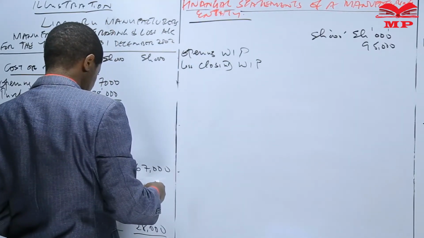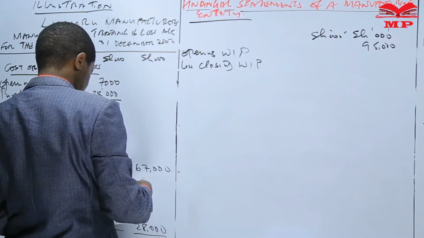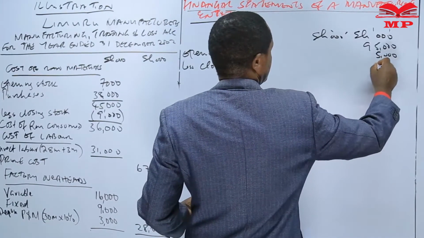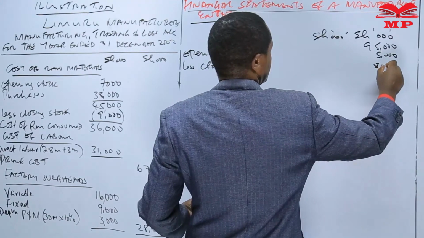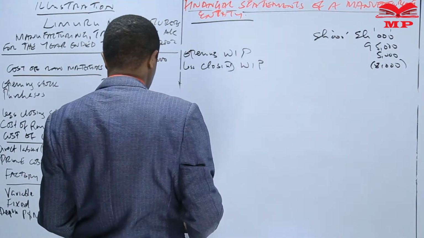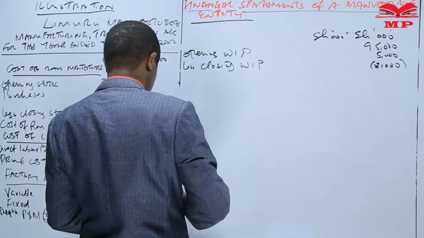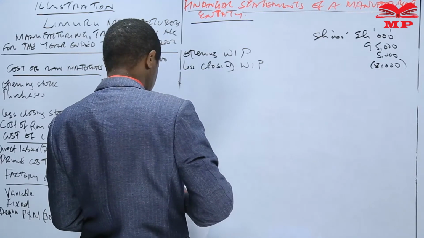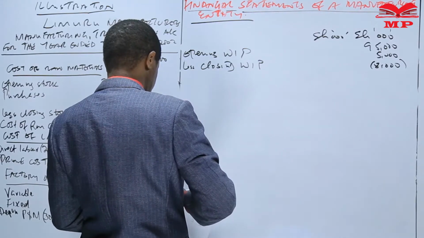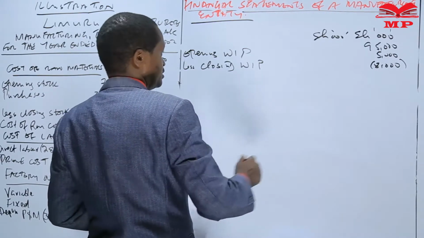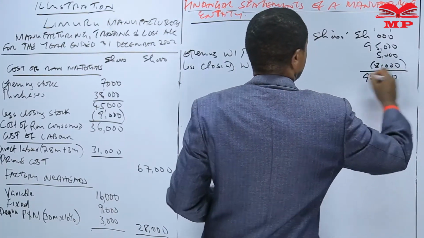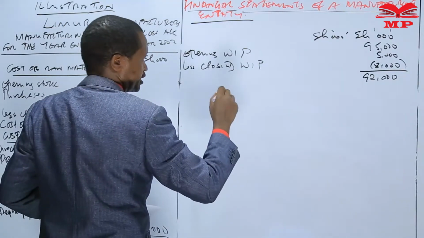The opening work in progress is 5 million, the closing is 8 million. 5 million we add, deduct 8 million. So that will give us the production cost: 95 plus 5 minus 8 is 92 million, which is the cost of production.